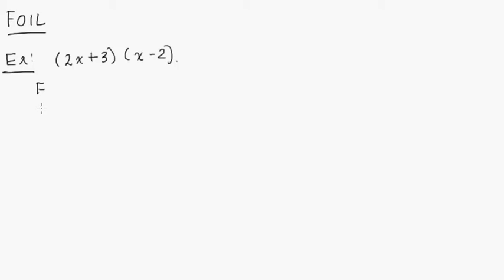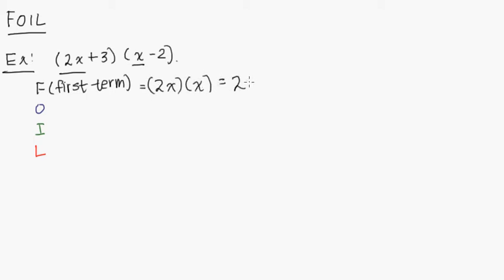So we have F, O, I, and L. Okay. So first, this is the first term of each of the factors. So that's 2x and x. 2x times x, which is 2 times x squared.